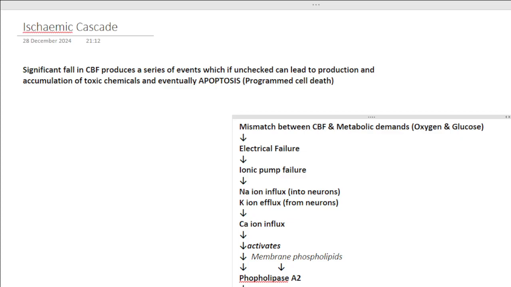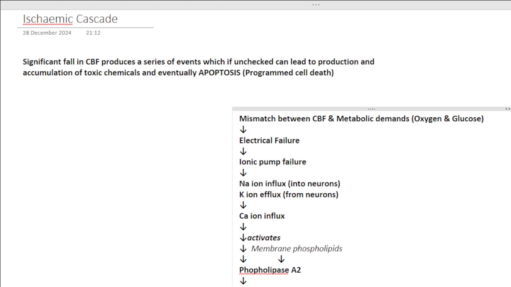It goes, and these many enzymes will actually give rise to a number of chemicals.